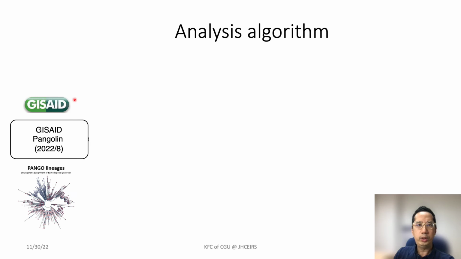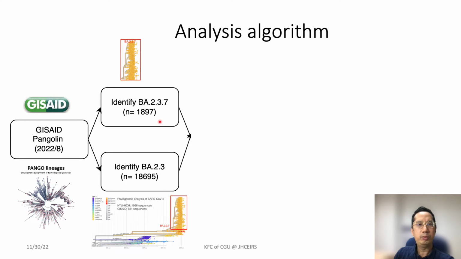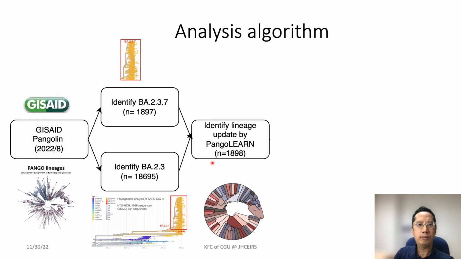So we take advantage of this lineage and we downloaded both BA.2.3.7 and the parental lineage, which is BA.2.3. We then use the PANGOLIN system to understand how these lineages are updated in their system.